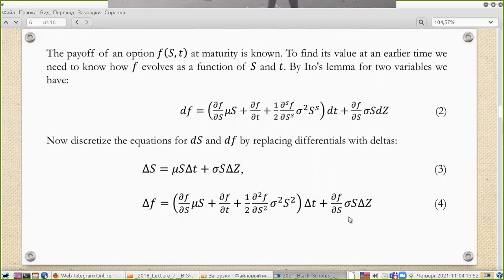So what do you say? What do you think? What operation can we use so that delta z disappears? Maybe sigma S is the same, you see, it's the same. Maybe if we multiply 3 by Vika, what do you think?